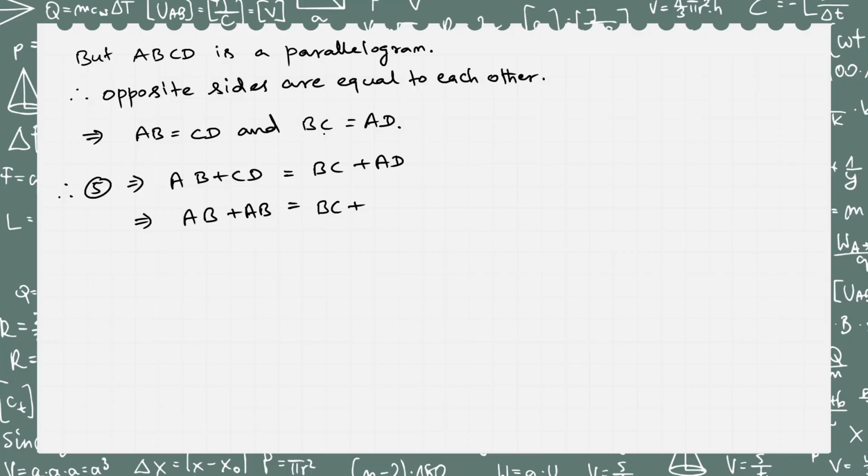AD is also equal to BC only. So I am going to replace that also with BC. So this implies AB plus AB is 2 times AB and BC plus BC is 2 times BC. That implies AB equal to BC by dividing by 2 on both sides. Right? 2 will cancel. So AB equal to BC.